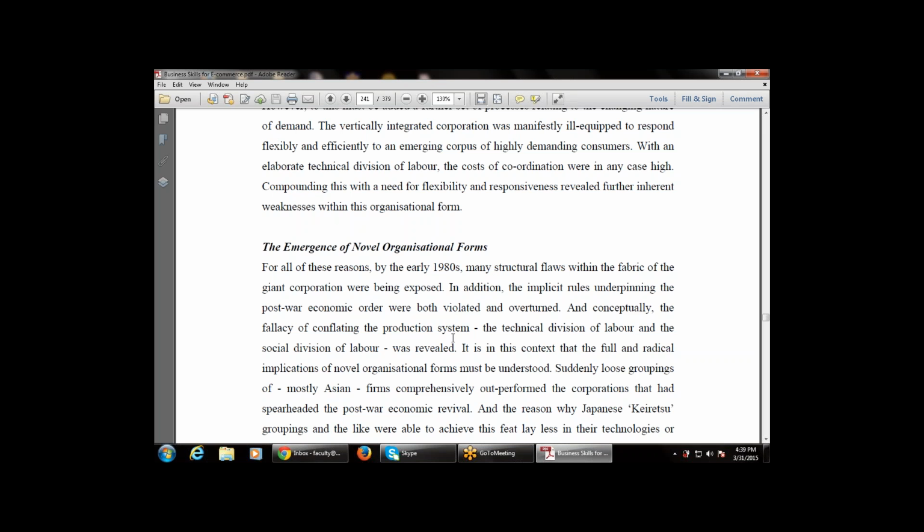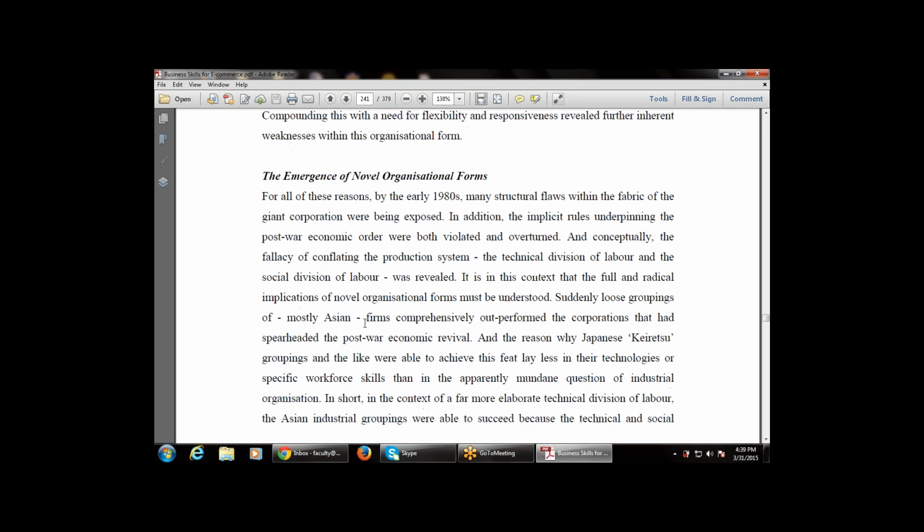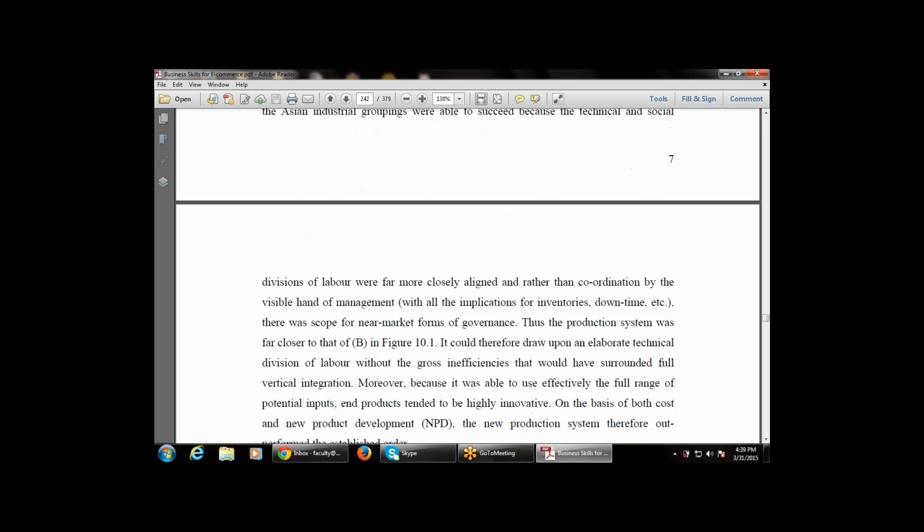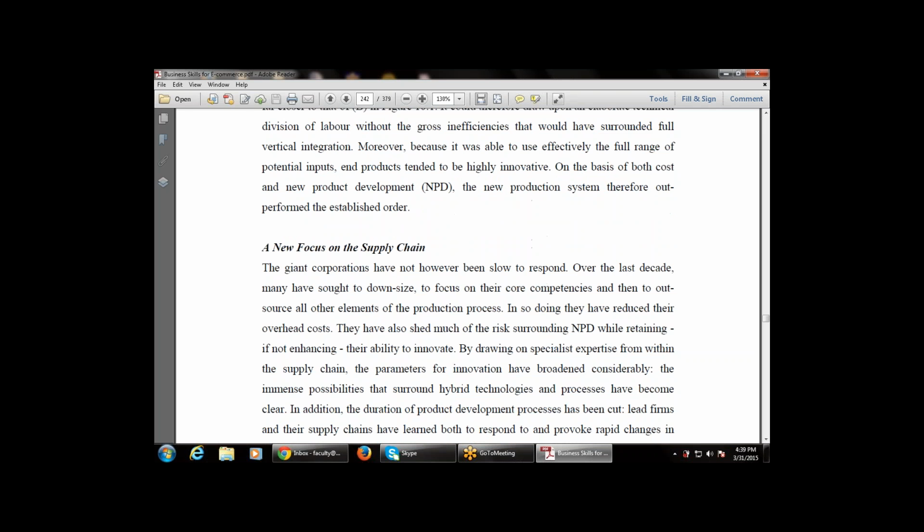So there are multiple rules, whether they may use the economic order or the violated order. Then conceptually there is a technical division of labor, and with a more elaborate technical division of labor, the Asian industrial groupings were able to succeed between the technical and the social division of labor. Then a new focus on the supply chain, that is the main focus.